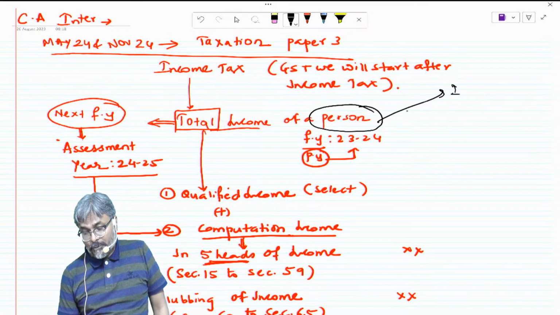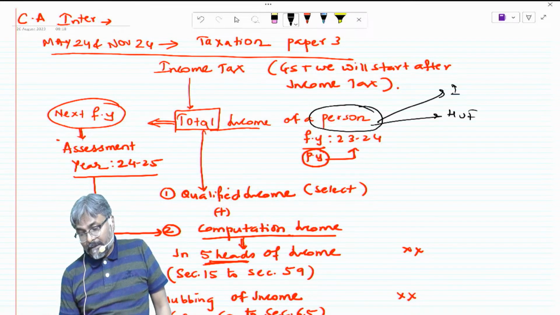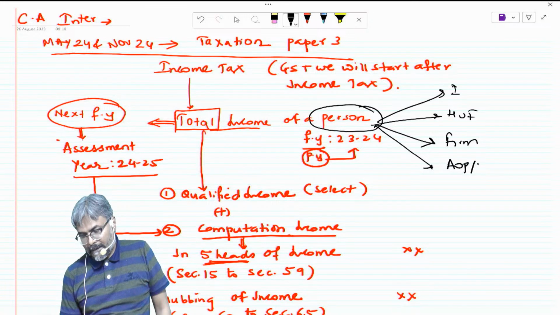Persons are individual, HUF, firm, thereafter AOP, BOI.